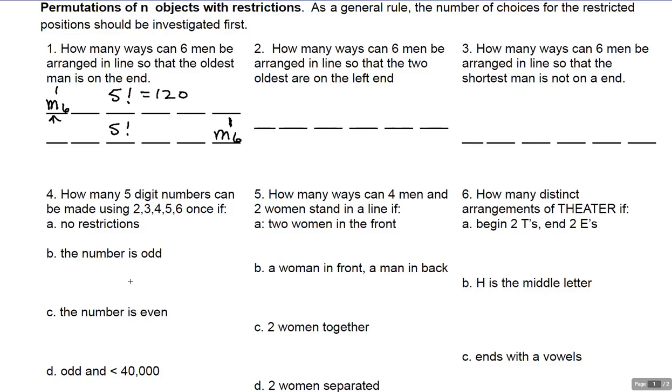And then the other 5 guys, they all get rearranged 120 different ways. Now, how many ways can the oldest man be arranged so he's on either end? Well, 120 if he's on this end and 120 on this end. So altogether, there's 240 ways for us to arrange those guys with the old man on the end.